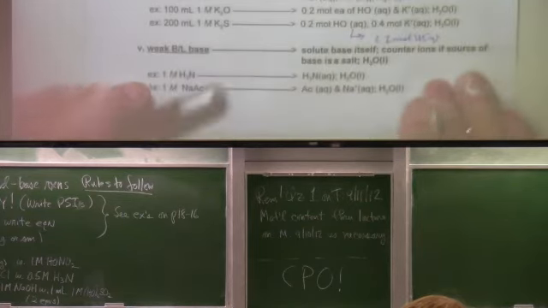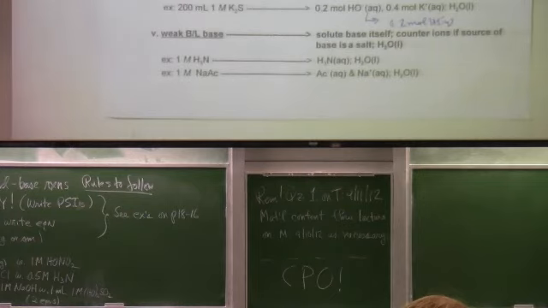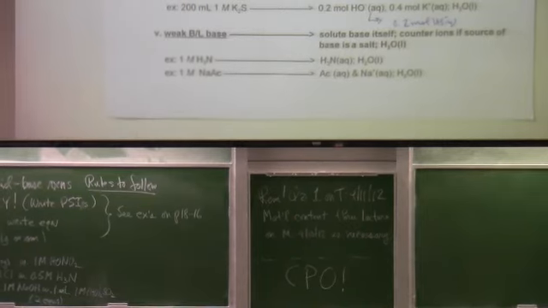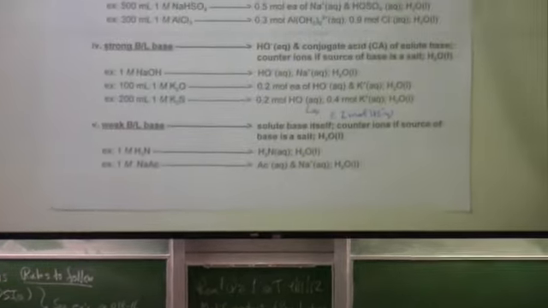Can you read that added scribble? 0.2 moles HS minus aq. Good. I don't know how I did that. That's stupid of me. All right?